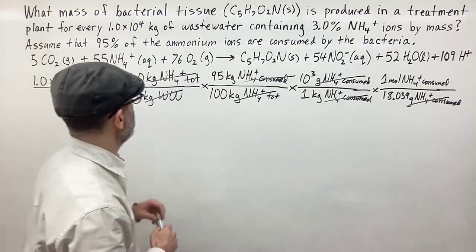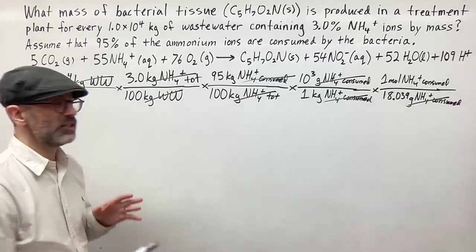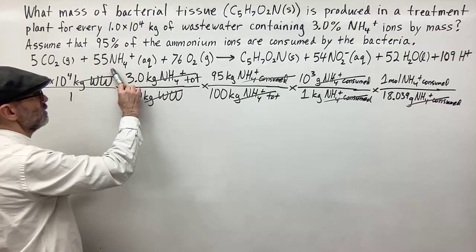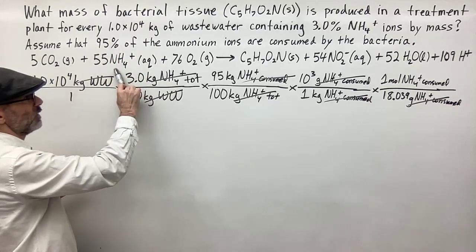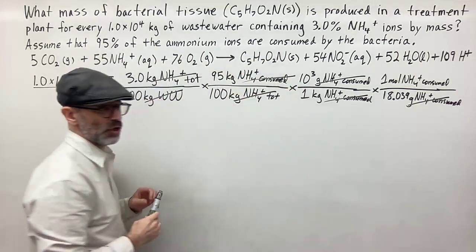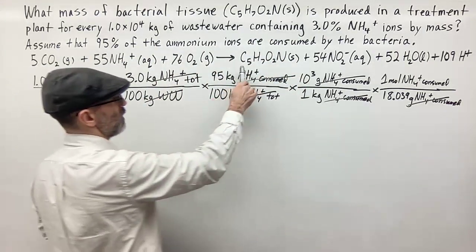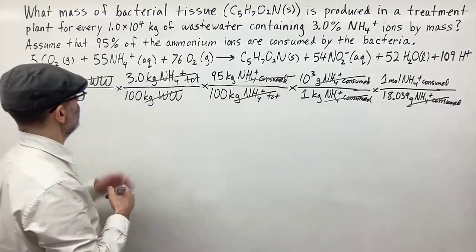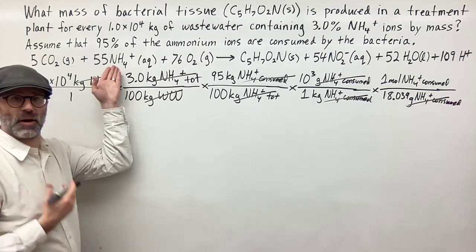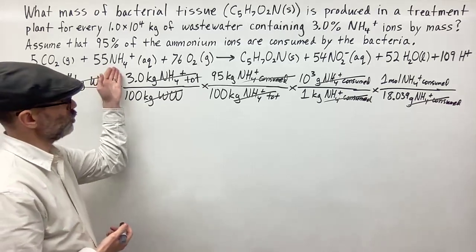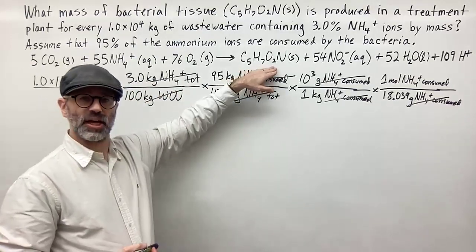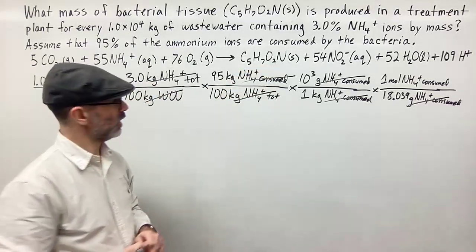Now I can use the mole ratio in my balanced equation to convert moles of the ammonium ions to moles of the bacterial tissue, the C5H7O2N. So I know that 55 moles of ammonium ions are consumed to produce 1 mole of the C5H7O2N product.